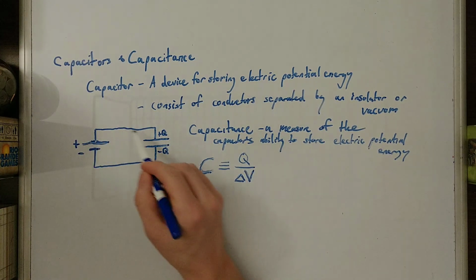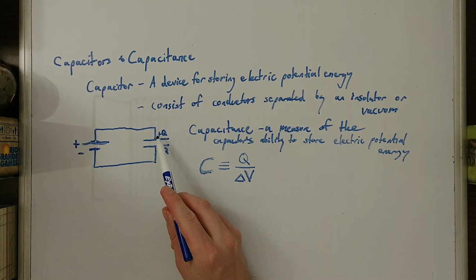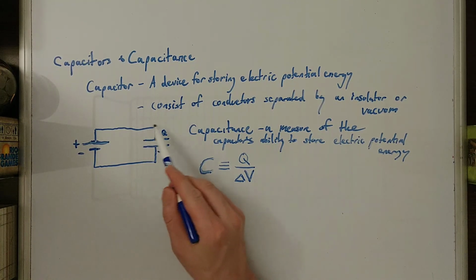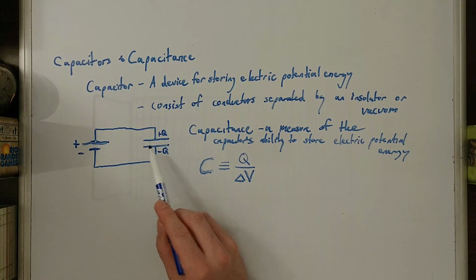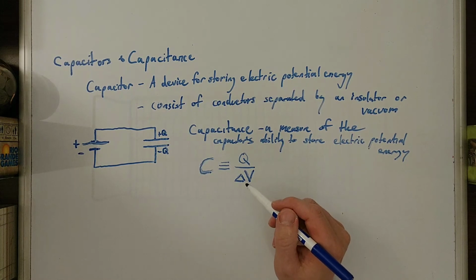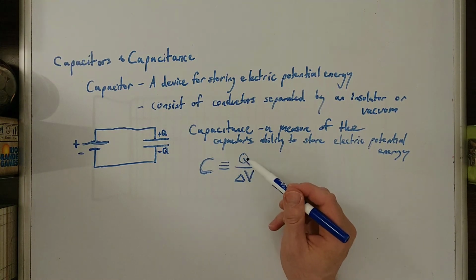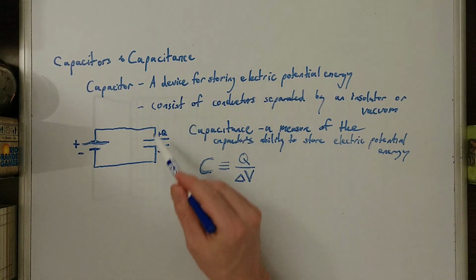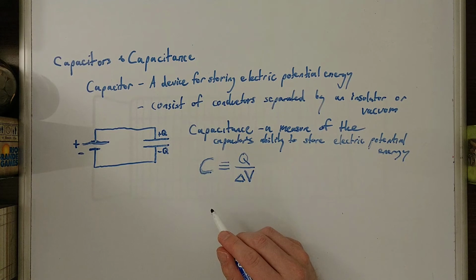So if you have a battery that can create some sort of potential difference between those two plates, basically the more charge you can build up for that given potential difference, the more charge you can put on these plates, the better it will be at storing potential energy. Because remember, potential energy is actually charge times potential. So if you can store more charge for a given potential, you're better at storing potential energy.